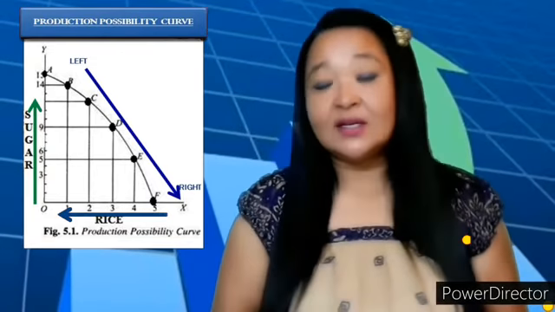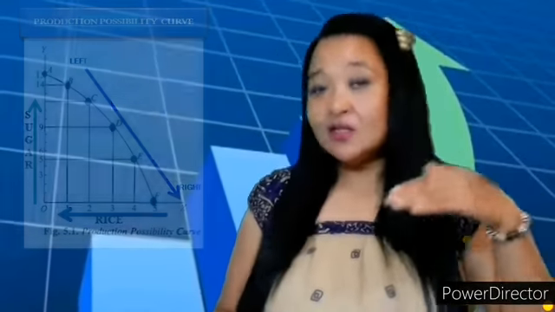That's why the curve always slopes downward from left to right. So this entire concept that we discussed right now is the production possibility curve.